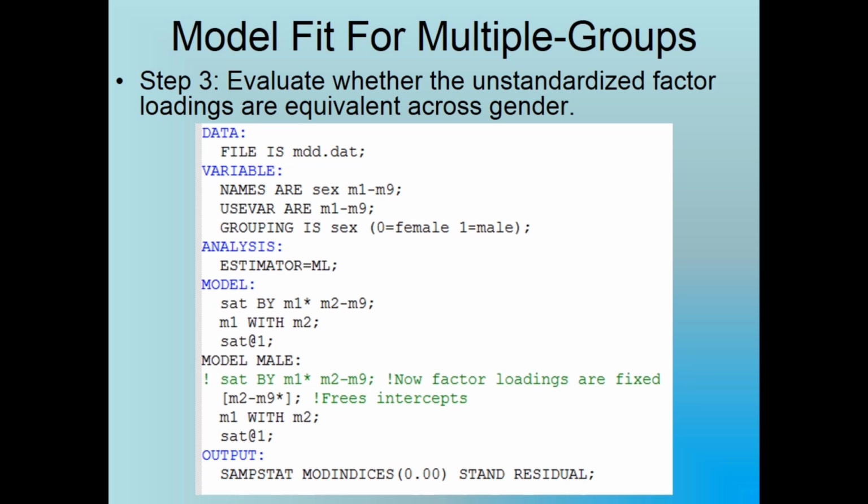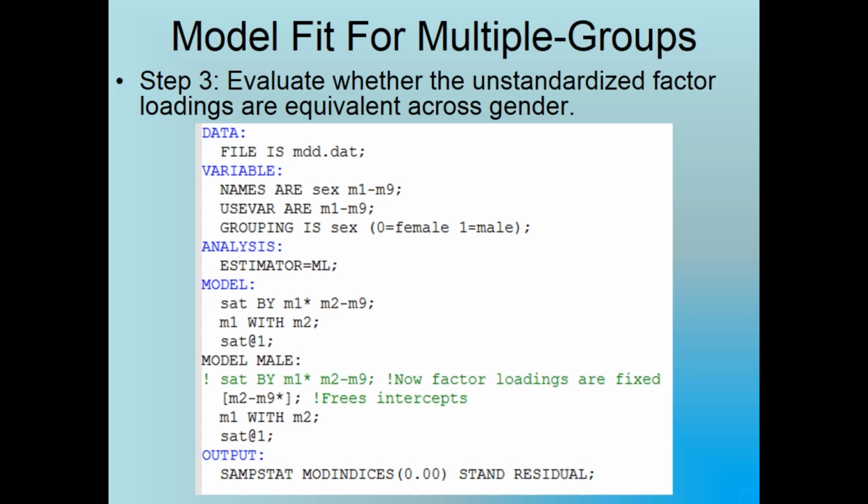Consequently, my factor loadings are now fixed to be equal across groups for this code. But again, under the male model, I'm still estimating or freeing the intercepts, and the rest of the code remains exactly the same as your configural invariance model.